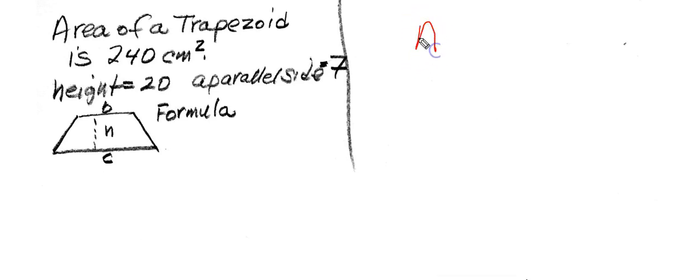Well, it's A equals 1/2 the height, and then it's the sum of the two sides. We'll call this parallel side B, and this parallel side down here C.